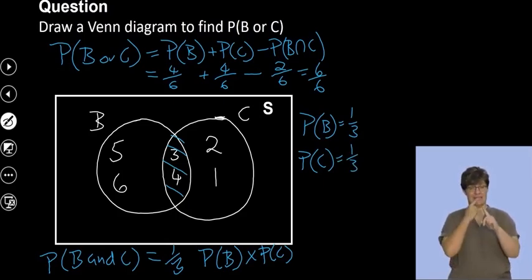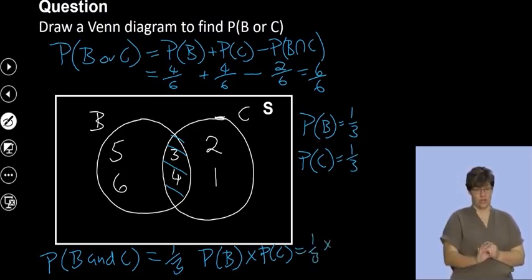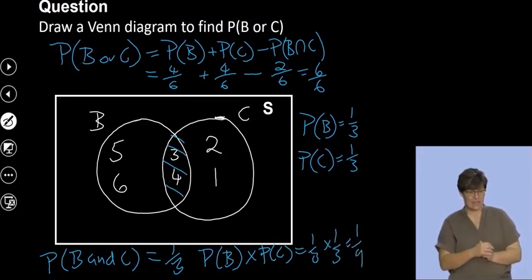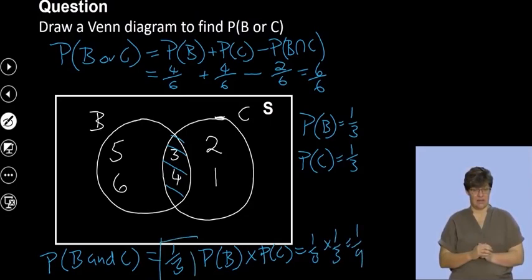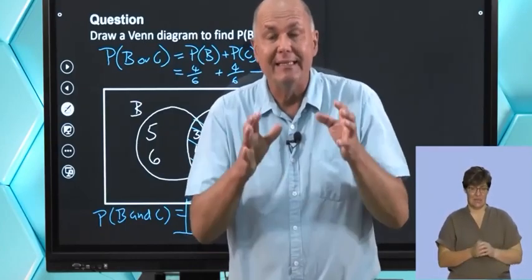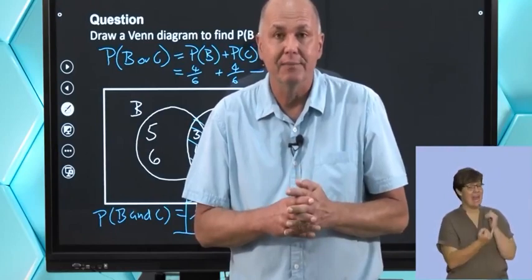If we multiply them together, that's 1/3 multiplied by 1/3. Can you see that's going to give us 1/9? And in the intersection, we only had 1/3. So these are not independent events. That's the test. We can recognize that these are not independent events.